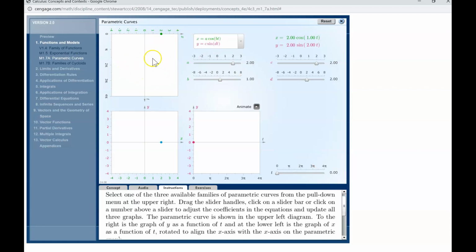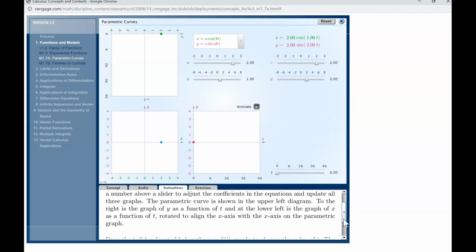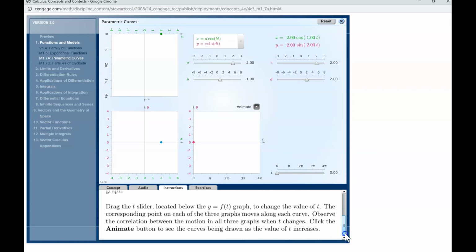To the right is the graph of y as a function of t, and over here is the graph of x as a function of t, I believe. Yes. And you can rotate to align the x-axis with the x-axis on the parametric graph.